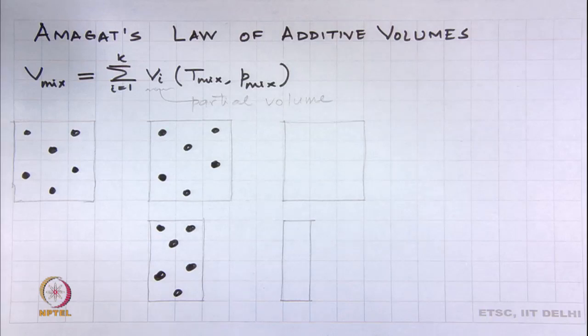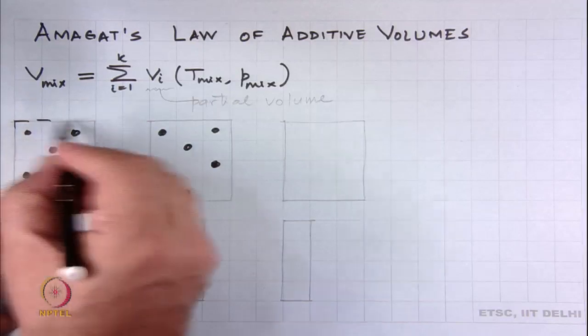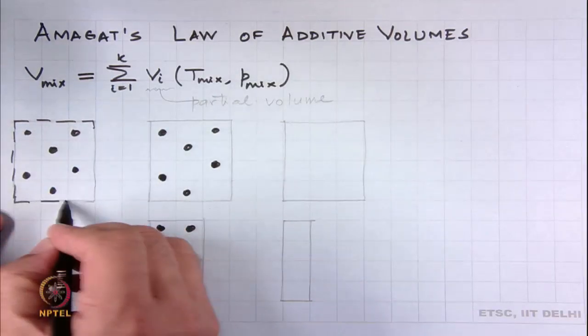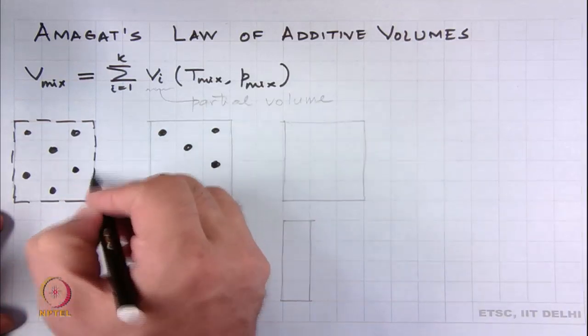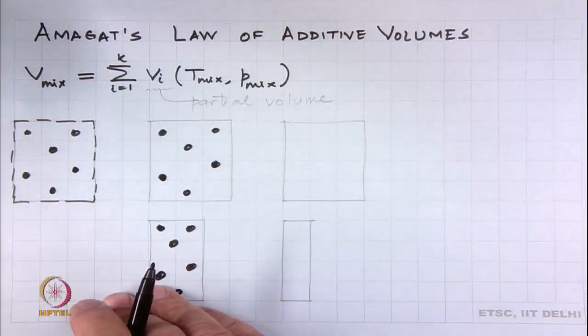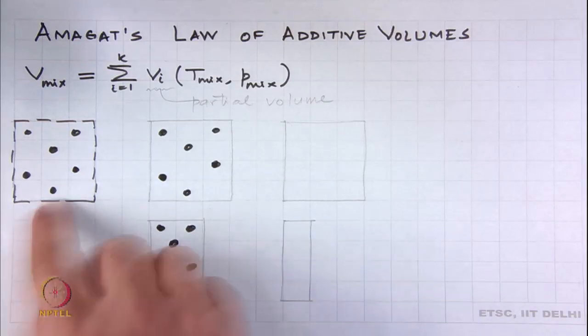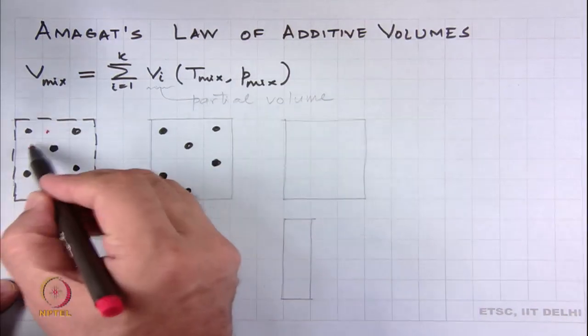So, here is what it means: this is the system and we have two components there. One is this one and the others are here.